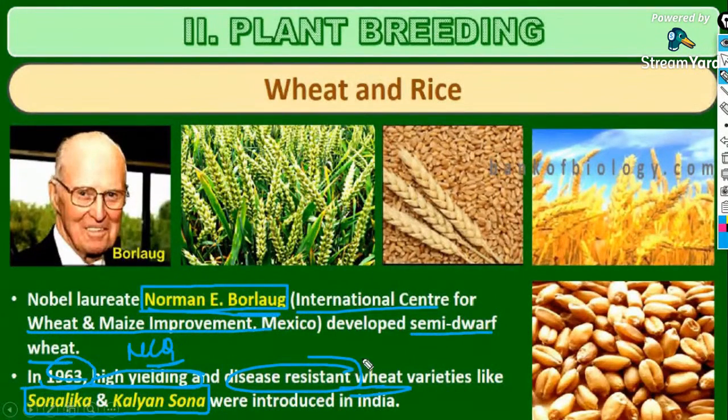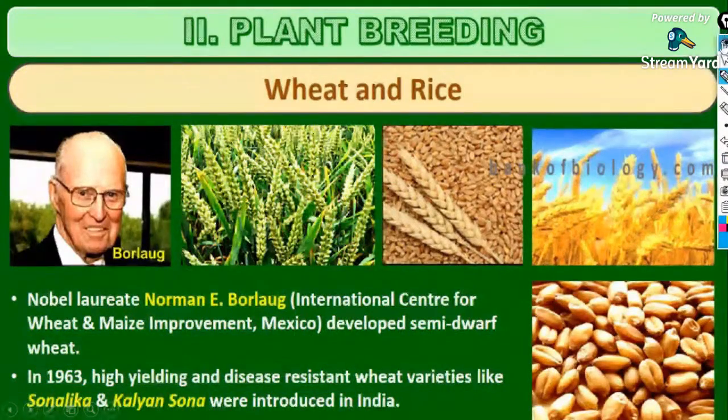So you have to study 1963, Norman E. Borlaug, Sonalika and Kalyan Sona. Sonalika and Kalyan Sona are two semi-dwarf wheat varieties that were introduced from Mexico by Norman E. Borlaug, who was working at the International Center for Wheat and Maize in Mexico.